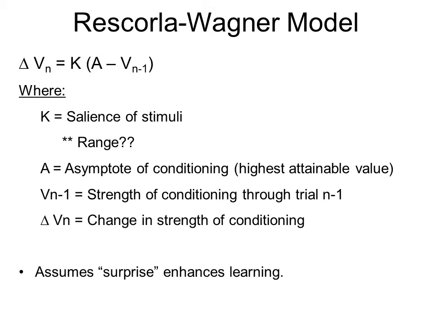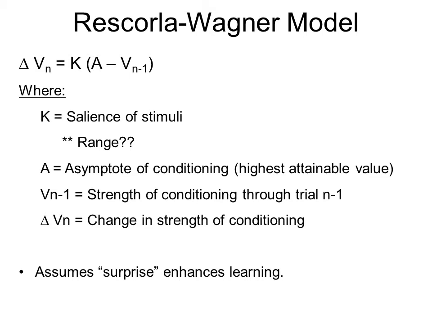Well, in the first trial, when Bambi sees the wolf and sees his mother's fear reaction, that association develops between the CS and the US, between the sight of the wolf and the fear response in the mother. According to the Rescorla-Wagner model, that very first trial is going to have the greatest element of surprise, because Bambi, or anyone in any other learning situation, has no prior experience with this.